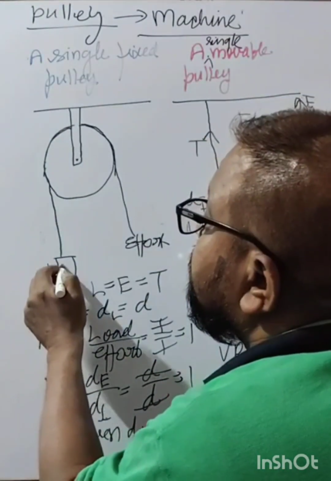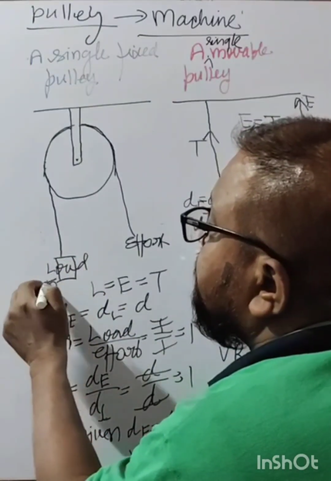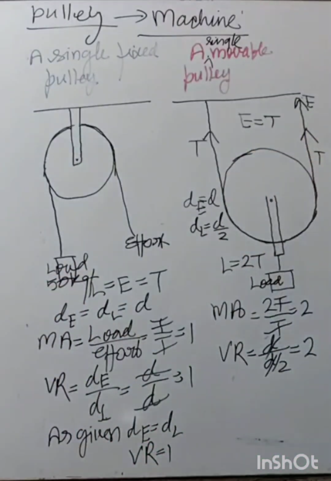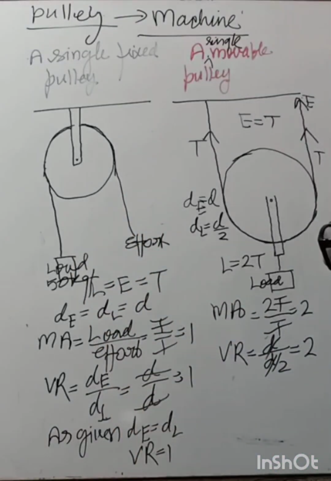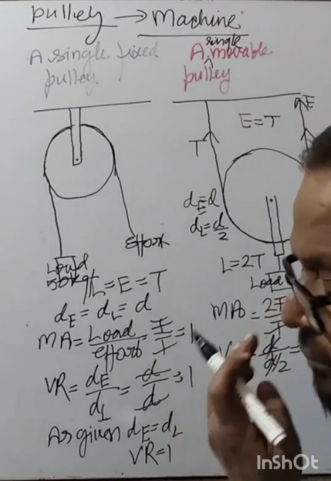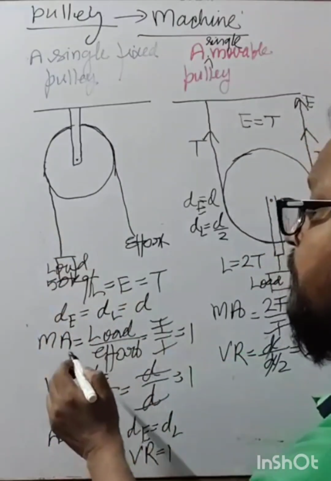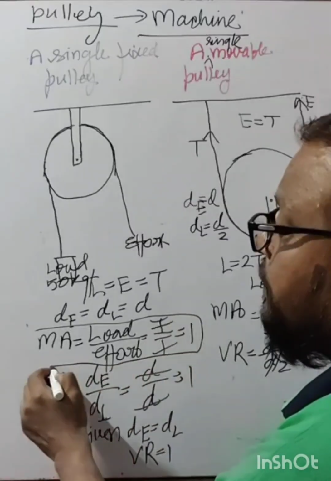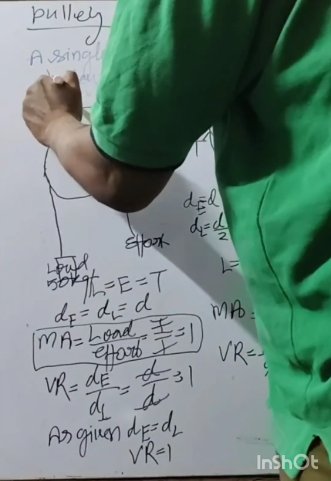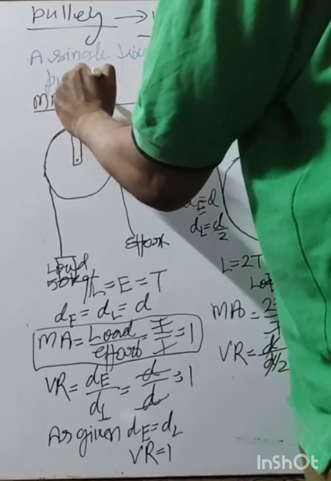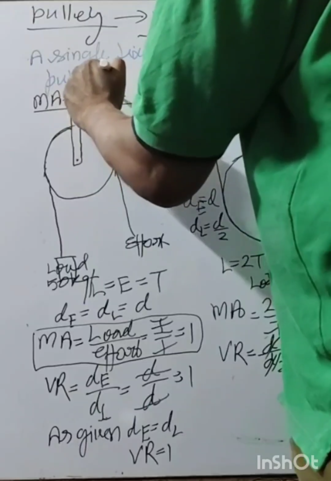Load is of 50 kgf. So effort is here, and since mechanical advantage is 1 for the fixed pulley, load is 50 kgf.